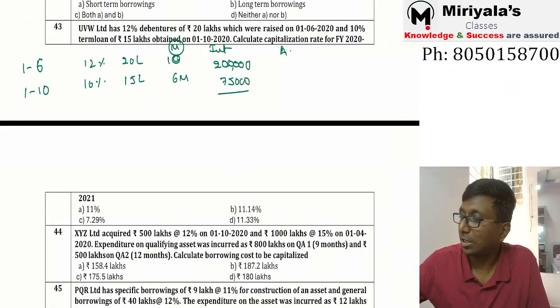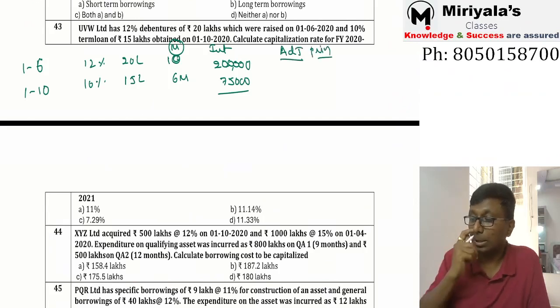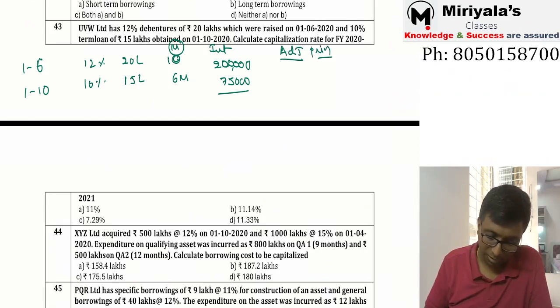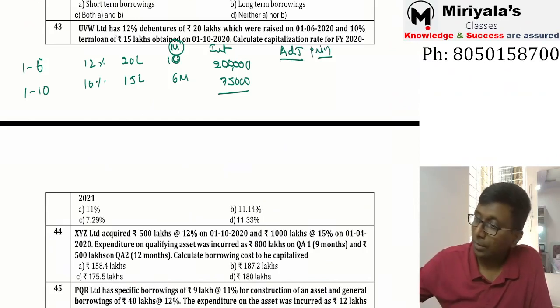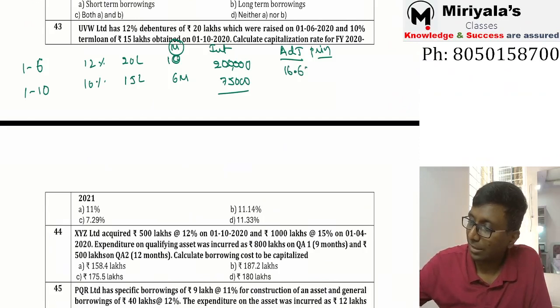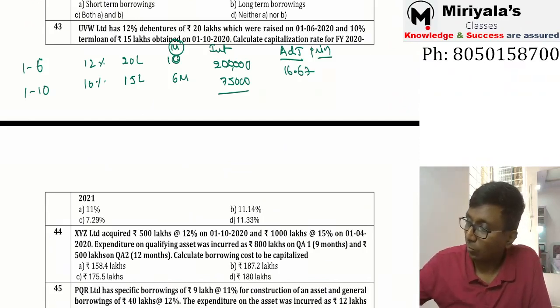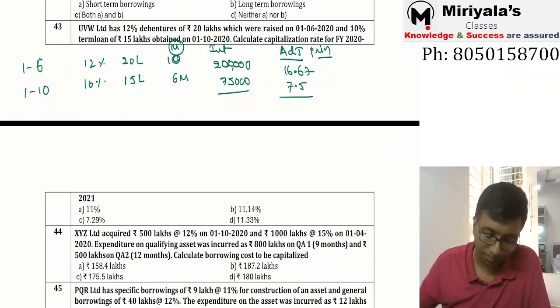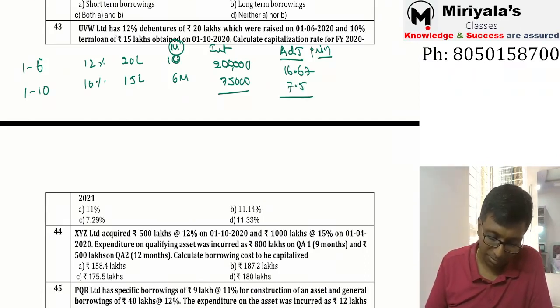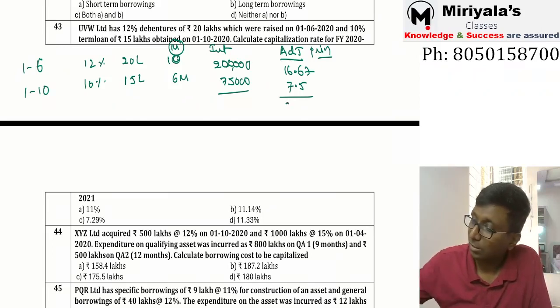Next, you are supposed to calculate the adjusted principal. Why? Because the loan is not there for the full year. So 20 lakh divided by 12 into 10, that will come to 16.67 lakh. In the same fashion, 15 lakh will become what? 7.5 lakh. 16.67 plus 7.5 lakh rupees is equal to 24.17 lakhs.